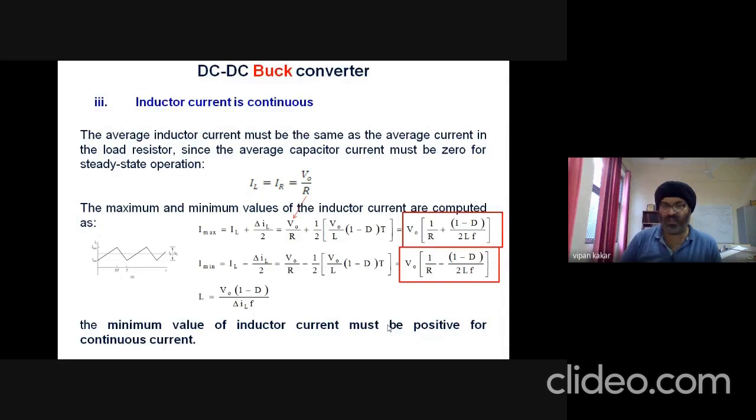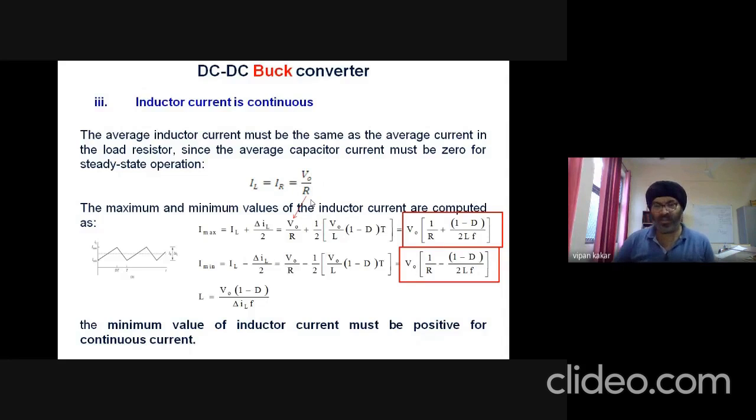Load and inductor are in series, so the current has to be the same. The average capacitor current must be 0 in steady state condition. We are talking about steady state. So the inductor current equals the load current, which is equal to output voltage divided by the load resistance.